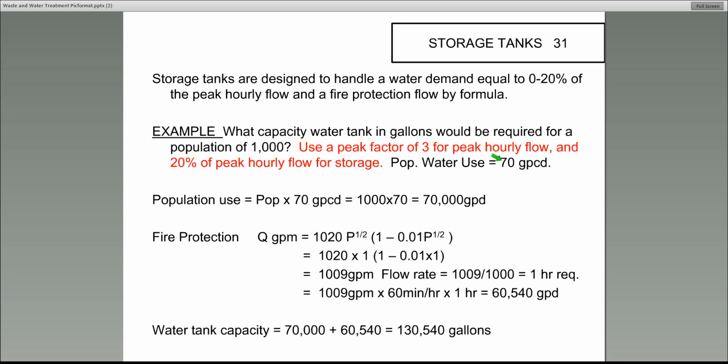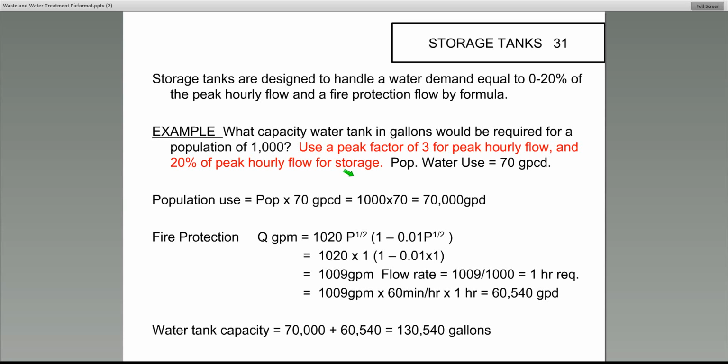So 70 gallons per capita per day is the average water use. If you don't know that, you'd use a peak factor of 3 times the peak hourly flow and 20% of the peak hourly flow for storage.